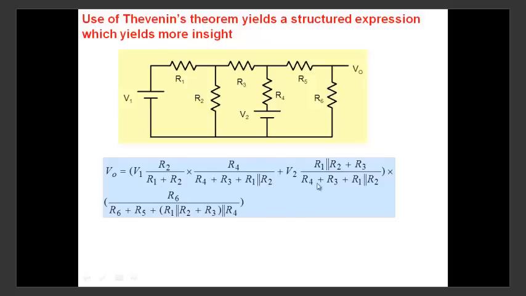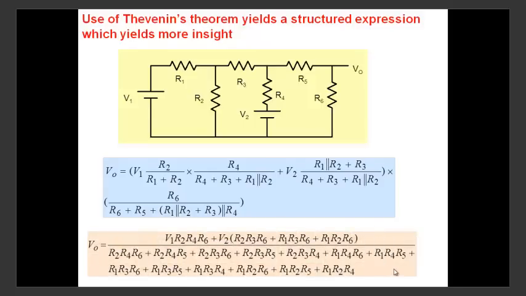Look at this expression. On the other hand, if I had applied a complete mesh analysis, writing down currents I1, I2, I3, the three mesh circuit would have resulted in 3 variable equations. If I had solved them, I would have obtained this V0.